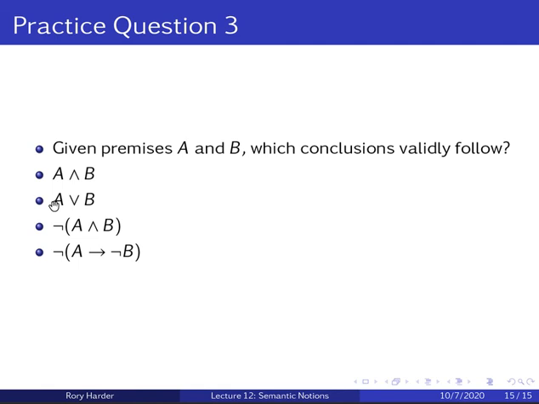So that concludes, for now, how we can use truth tables to test for the rigorous semantic notions that I have just introduced in this lecture.